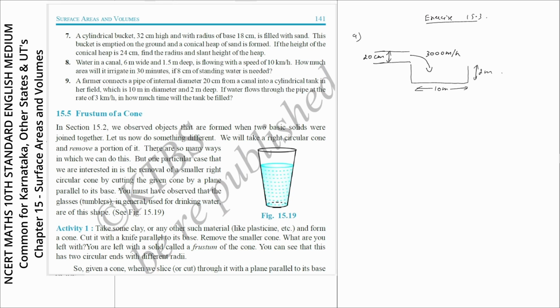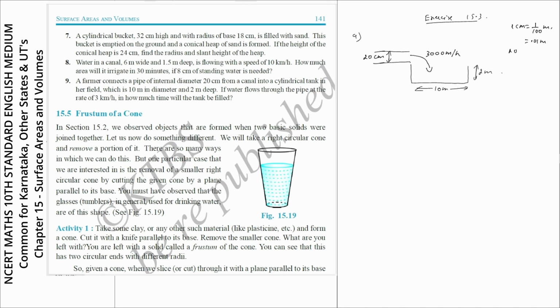So what this farmer is doing is, she is connecting a pipe from a canal, and she is making water flow from that pipe to this tank. The diameter of the pipe is 20 centimeter. 1 centimeter is equal to 1 by 100 meter, that is 0.01 meter.